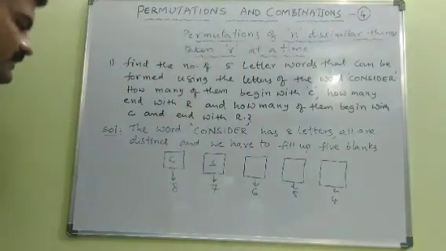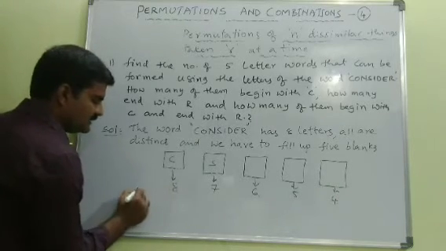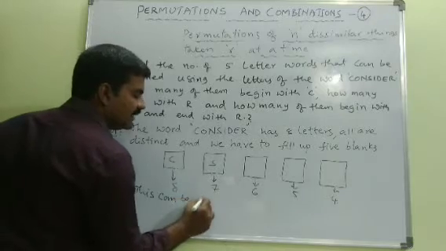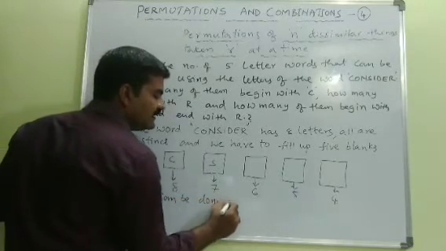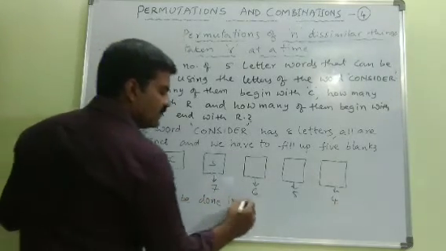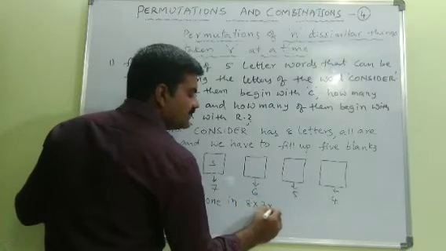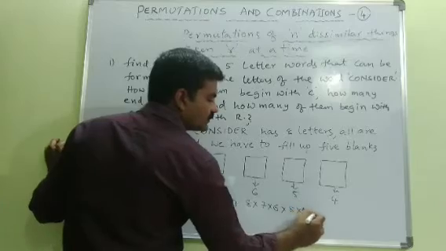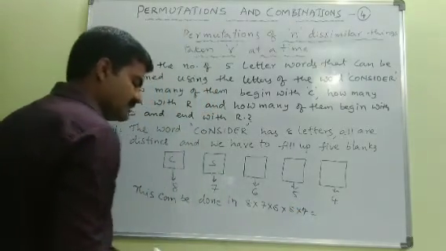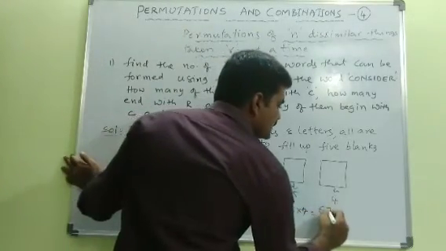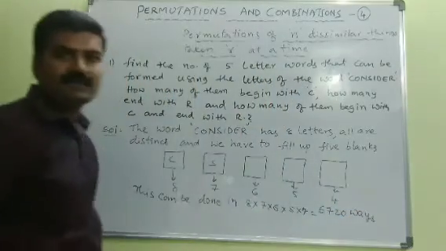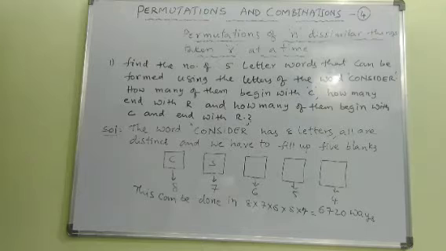Therefore, this can be done in 8 into 7 into 6 into 5 into 4. On simplification, that is equal to 6720 ways.